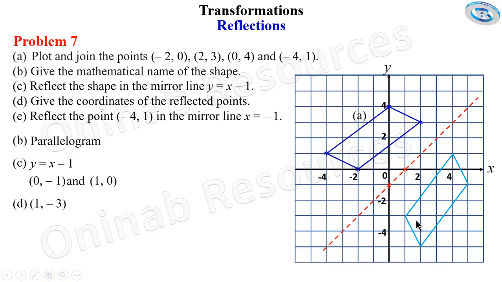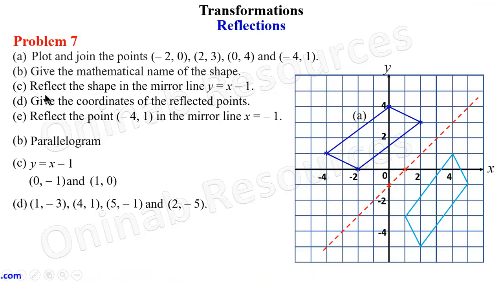This is corresponding to this, corresponding to this, and this. So we come to this vertex. This is going to give us 4, 1. This one is going to be 5, -1. And the last one is 2, -5.